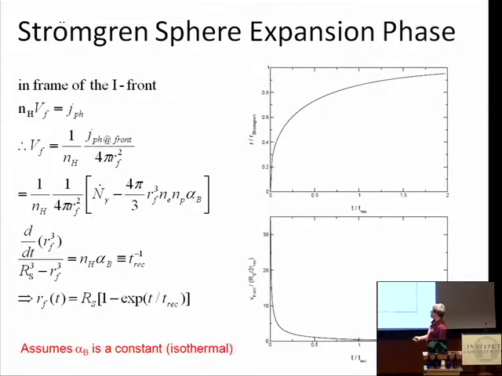And the recombination time, the inverse of that, is just n_H times the recombination rate. So here it is. This plots r over the Stromgren radius versus time in recombination times, and it asymptotically approaches 1, the Stromgren radius, in a couple of recombination times.